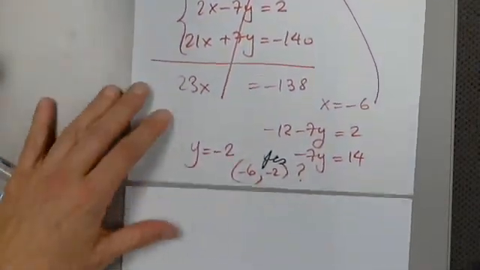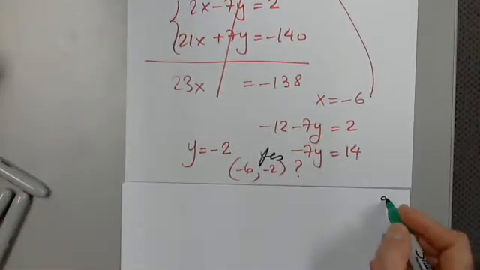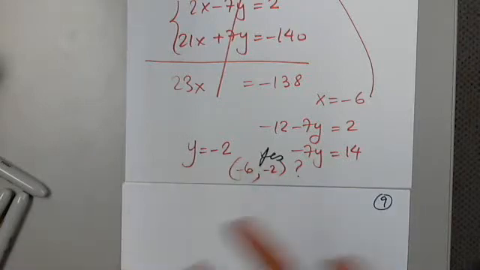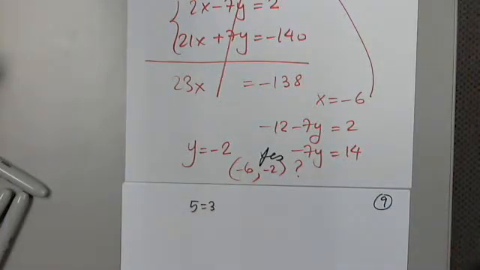Any questions? What will happen if we solve and we get 5 equals 3? When I manipulate the equations, I get 5 equals 3, and I don't have any x, I don't have any y. Which of those 3 cases is this?